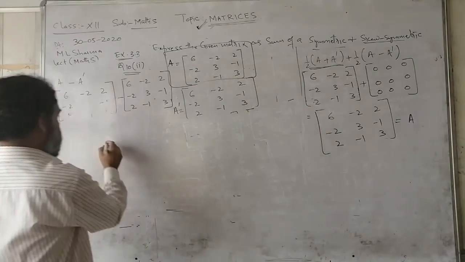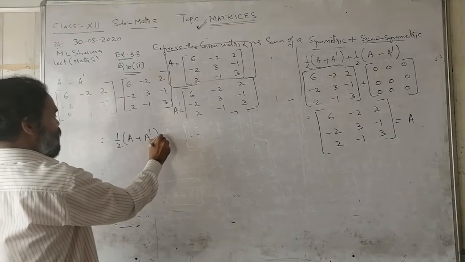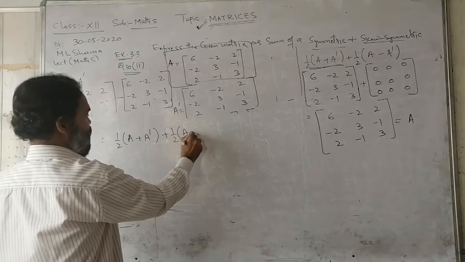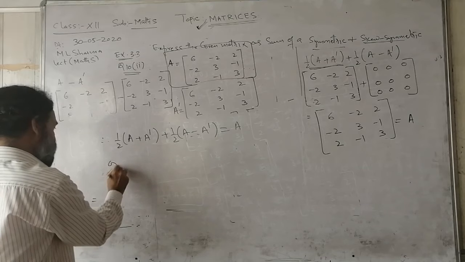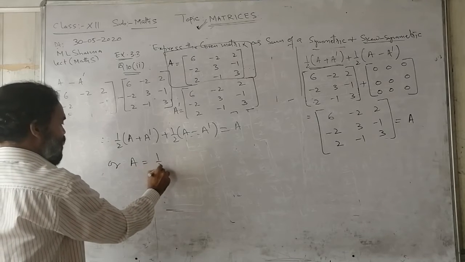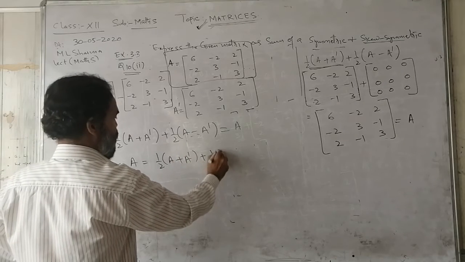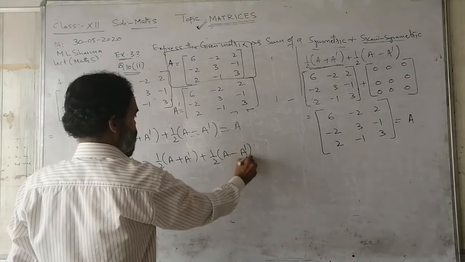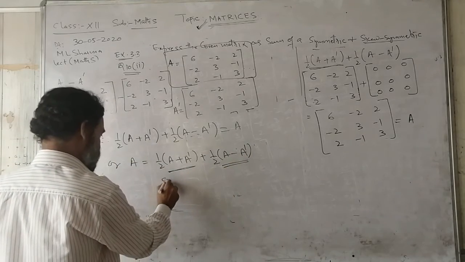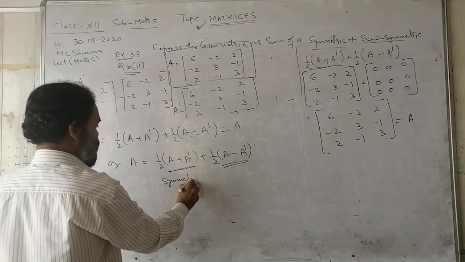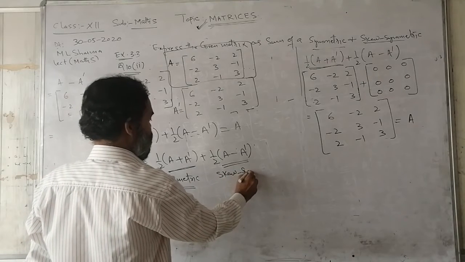That means half of A plus A transpose plus half of A minus A transpose comes to be A. Or I can say A is equal to half A plus A transpose plus half A minus A transpose. This is symmetric and this is skew symmetric.